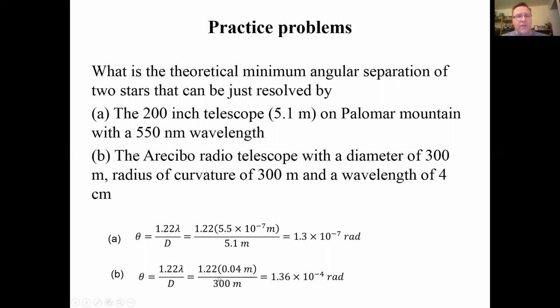Now, if I do this again for the Arecibo radio telescope, I have 1.22 times 0.04 meters divided by 300, and I get 1.36 times 10 to the negative 4. So it's very clear that with a much smaller telescope and visible light, we get a much better angular resolution in part A than we would with part B, the radio telescope. Resolutions with radio telescopes are nowhere near as precise, but they do provide us with significant useful information.